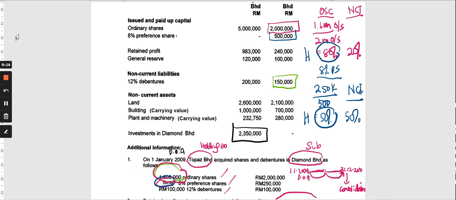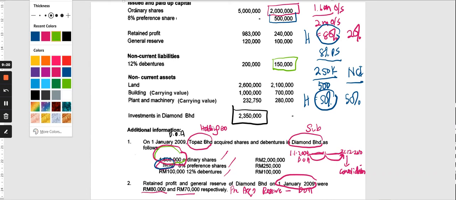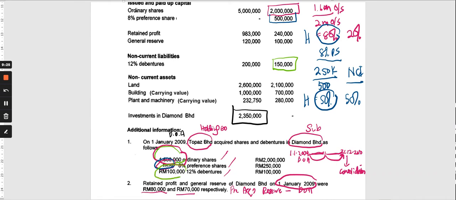Next is the debenture. So for the debenture, what happened is you have 100,000 debenture, and that was out of 150,000. So 100,000 over 150. This is for the debenture.